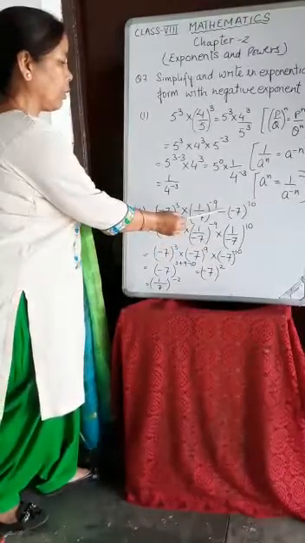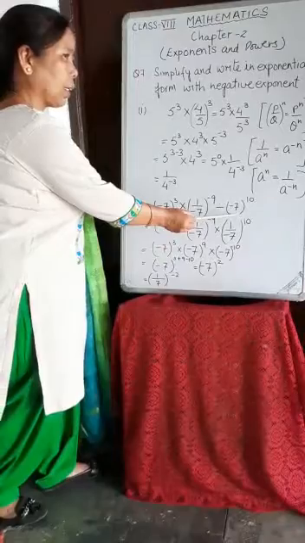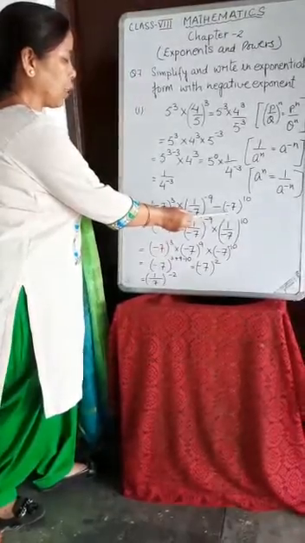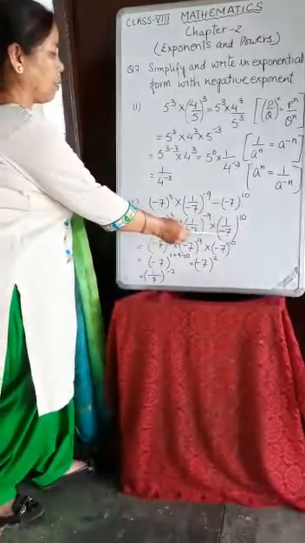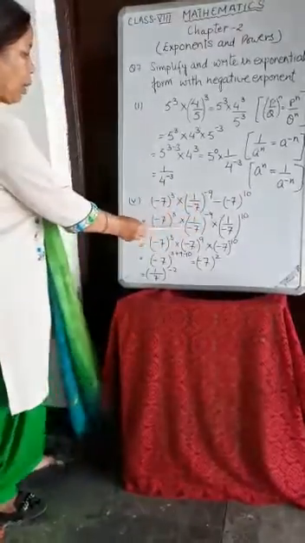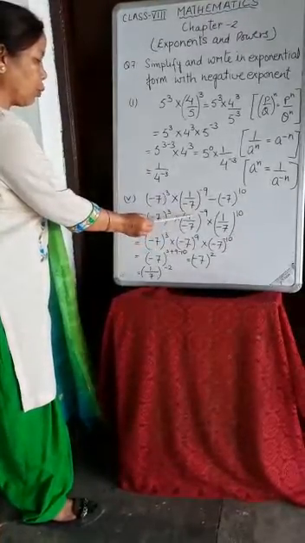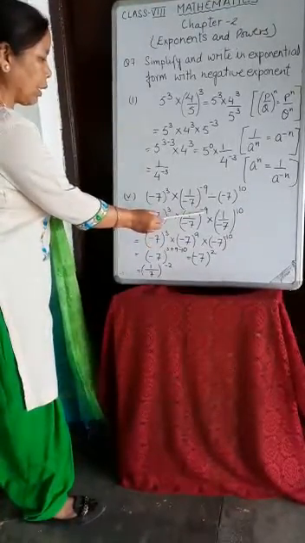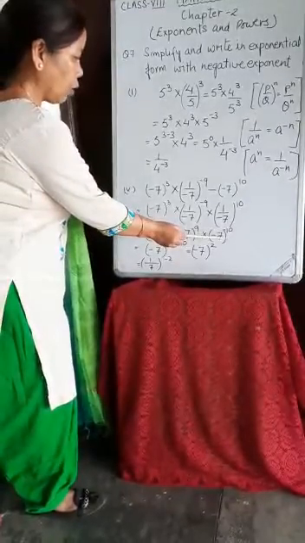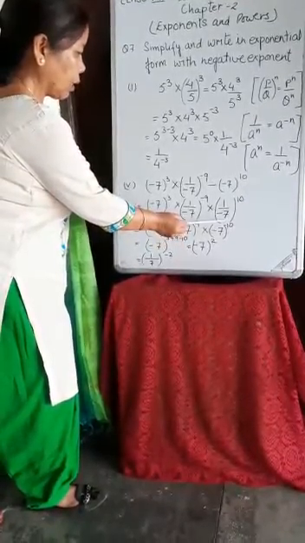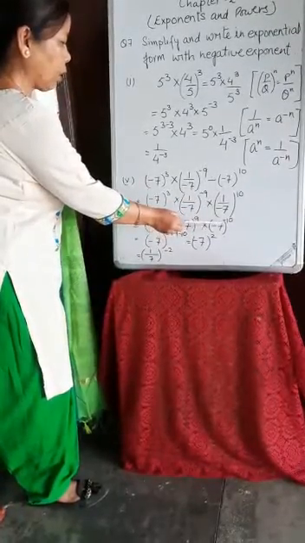When we change the division sign into multiplication, we write the reciprocal of the next fraction. So the reciprocal of (minus 7) raised to the power 10 is 1 upon (minus 7) raised to the power 10. Now the multiplication sign is there. We have taken this denominator into numerator form, and this minus 9 will change into plus 9. And here also this (minus 7) raised to the power 10 will change into (minus 7) raised to the power minus 10.